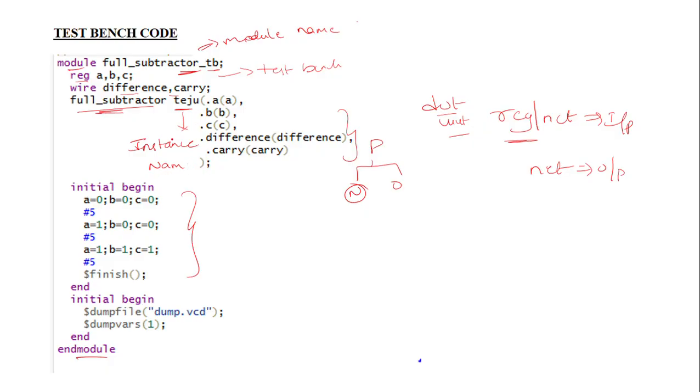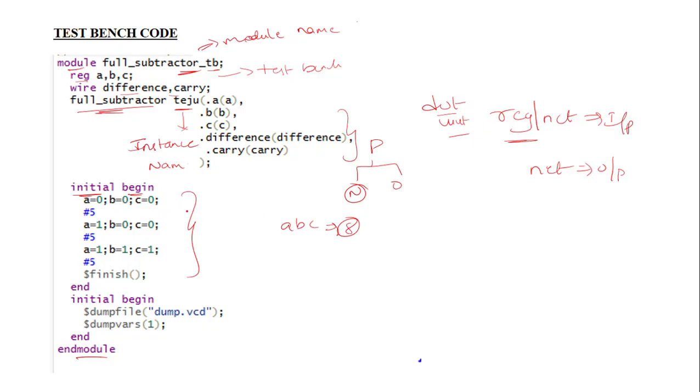After instantiation, we go to giving inputs to the input variables. For that we use initial, and since there are multiple statements in the initial block, I use begin. A, B, C are our input variables. Three variables means we get 8 combinations.